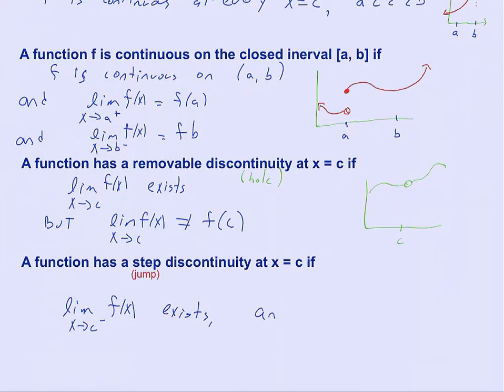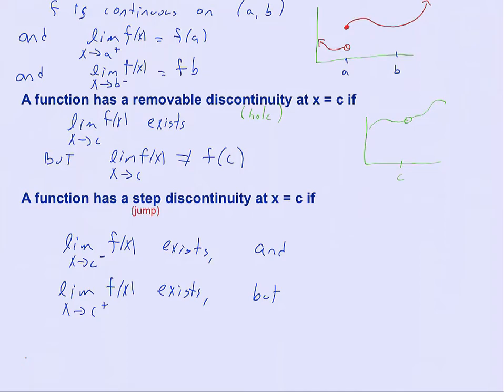And there has to be a limit from the other side. The limit of f of x as x approaches c from the right exists, but they do not equal each other. From the left does not equal the limit of f of x as x approaches c from the right.